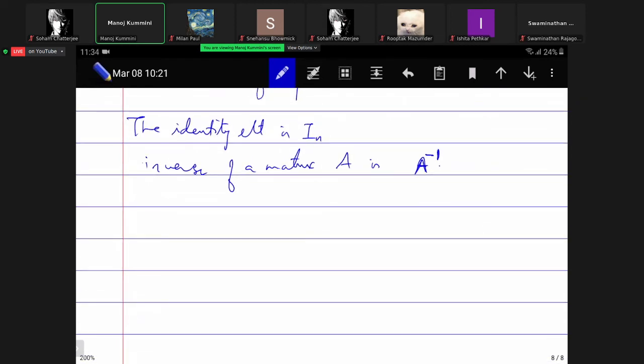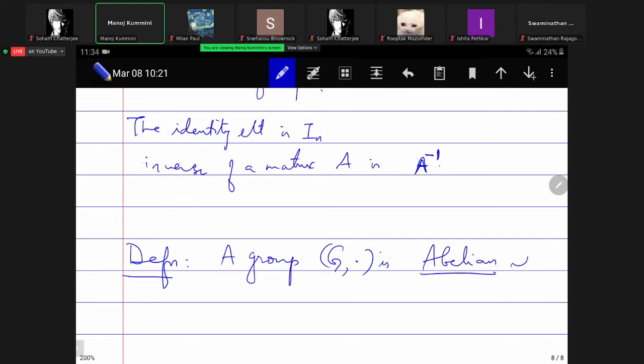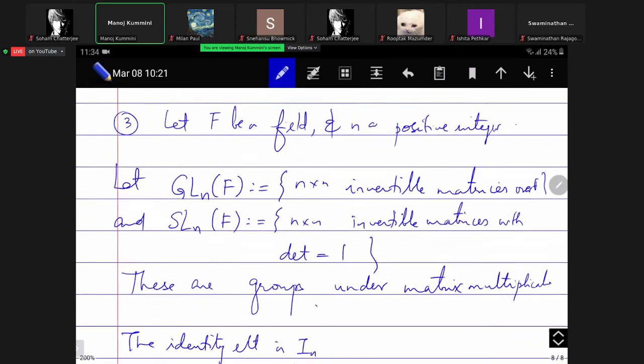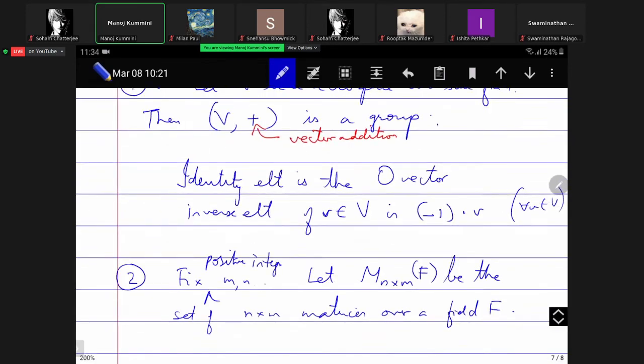Another, so one definition. A group (G, ·) is abelian if the operation is commutative: AB equals BA for all A and B inside G. If you notice, that was not part of the definition.